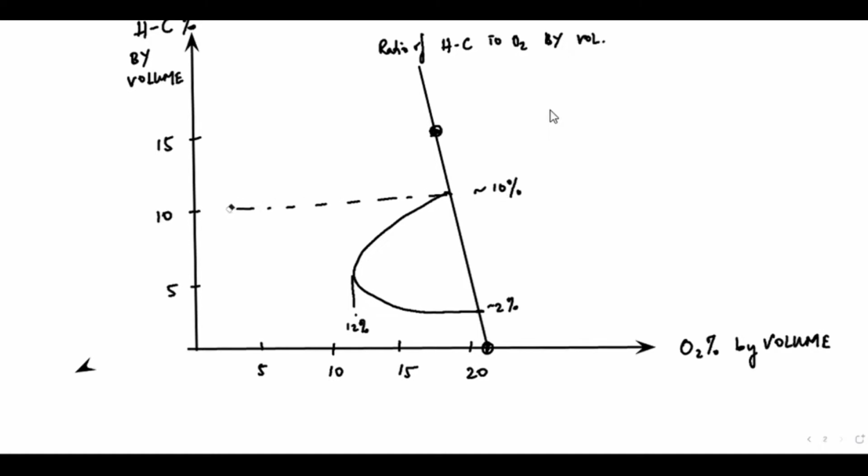Sir, what is 12% in the curve? 12% oxygen on the x-axis. That is where the curve is going to go back. Okay? And this mixture here will be the flammable mixture. So this is where I will make the highlight.